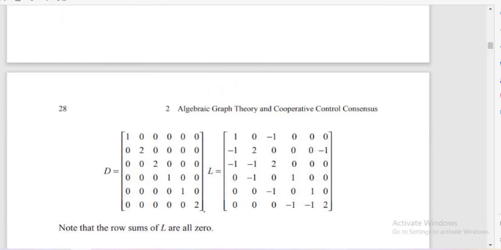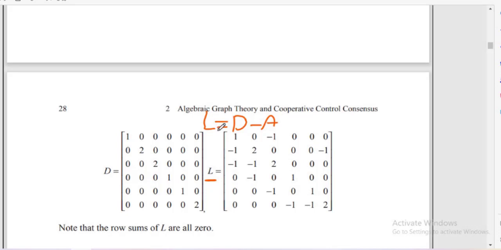The integrity matrix is like this, and L is equal to D minus A. We define A and D. After that, you can obtain the Laplacian matrix.